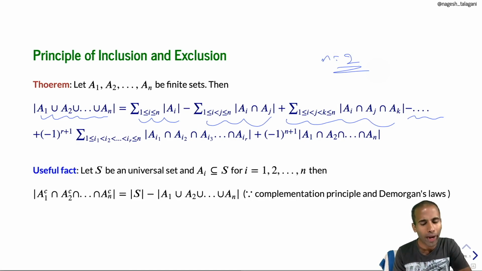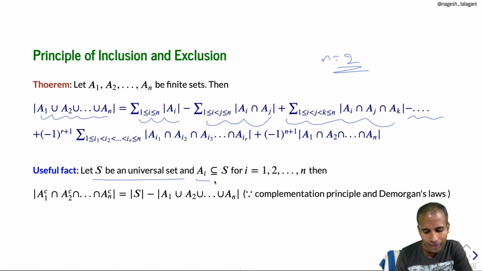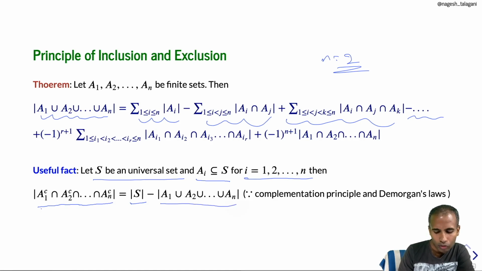A useful fact: let S be a universal set and the Ai's are subsets of S for i equal 1 to n. Then the number of elements in A1 complement intersection A2 complement intersection and so on An complement is going to be the number of elements in S minus the number of elements in A1 union A2 union and so on An.